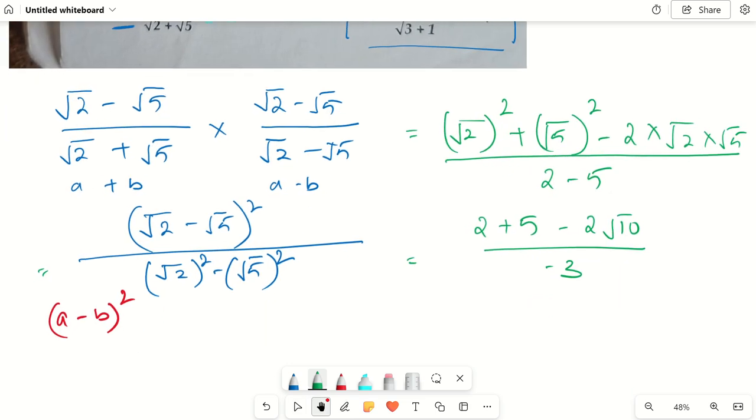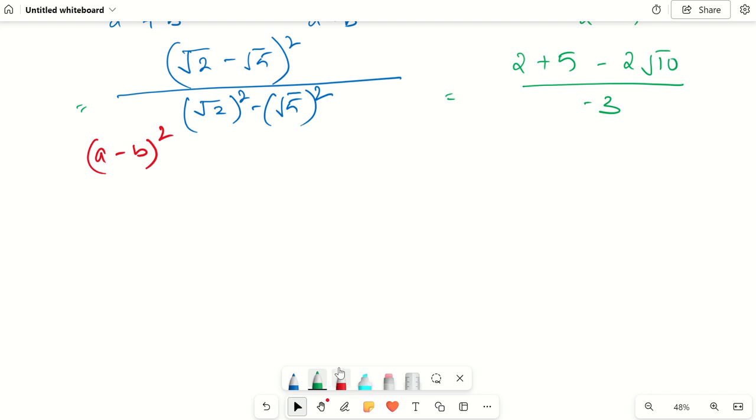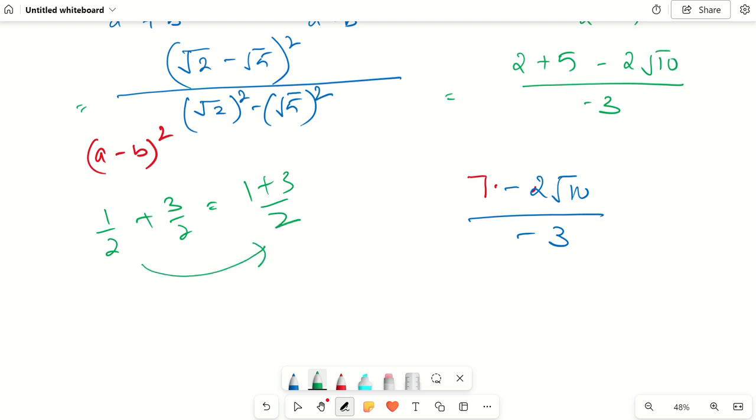Now if I solve it further, what I am getting? I am getting 7 minus 2 root 10. Now thing is, I have to find the value of what? Minus 3. Also tell me one thing. If I'm adding 1 by 2 plus 3 by 2, I write this as 1 plus 3 by 2. Generally, we go from here to here.